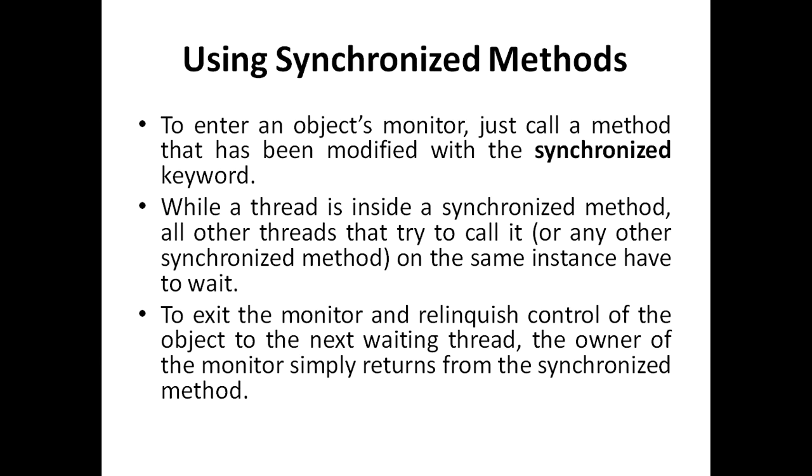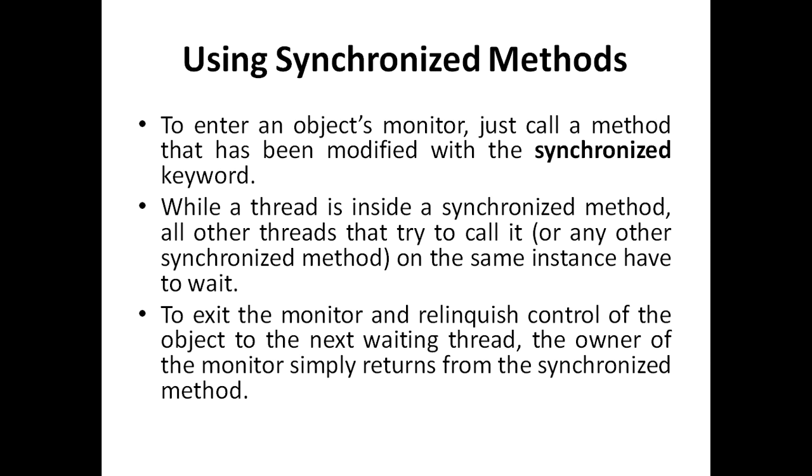So if you want to implement this, we can use 2 approaches to achieve synchronization in a Java program. One, we can use a synchronized method, another we can use a synchronized statement. We'll see both: what exactly a synchronized method is, and what a synchronized statement is.